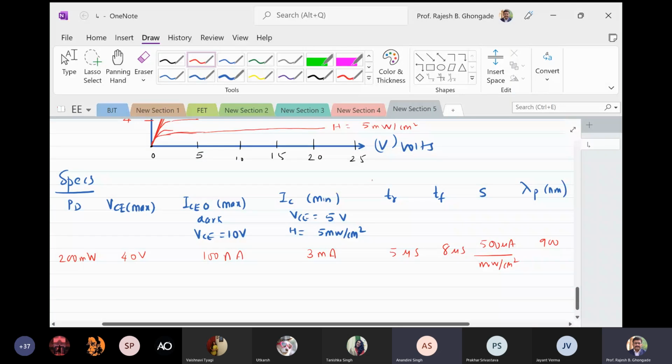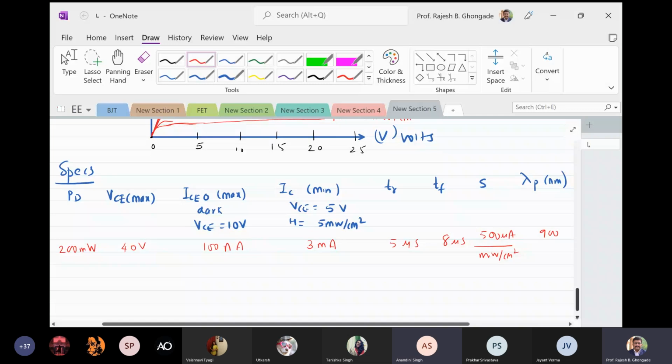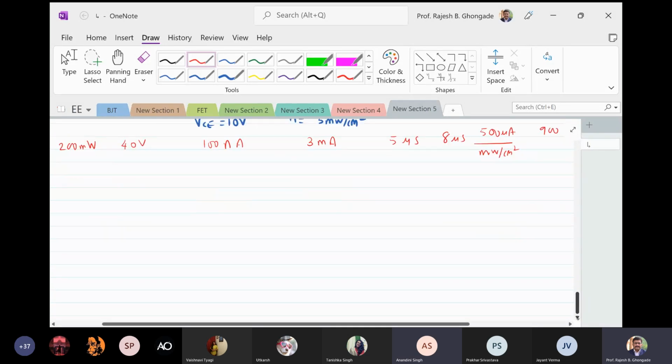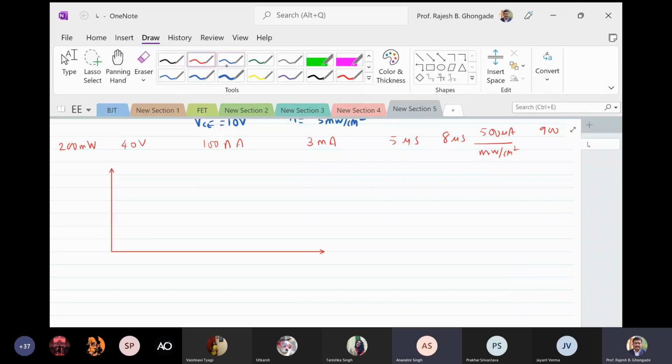Okay. So what is this rise time and fall time? Let us quickly see that. So whenever I am using the transistor as a switch, an ideal switch, which is very, very instantaneous, can be said to have certain characteristics.